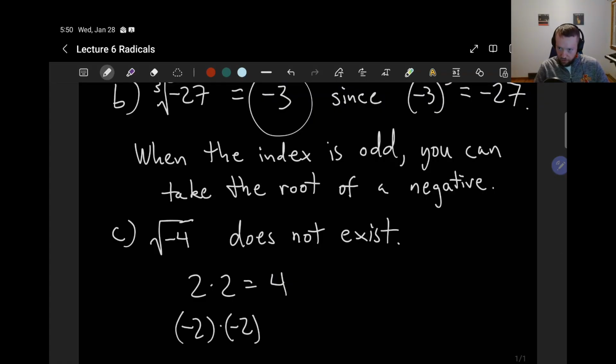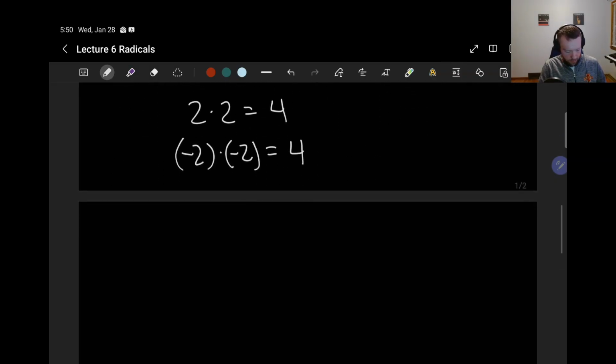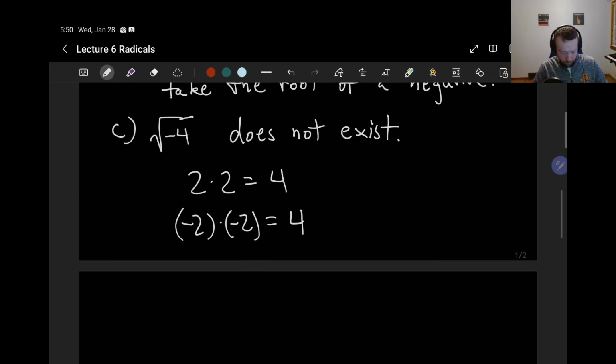And if I try -2 instead, squaring that, well, a double negative also gives you a +4. Therefore, whenever the index is even, you're not allowed to take a root of a negative. So you can never take the square root of a negative, if you're dealing with real numbers, that is. Same with fourth root, sixth root, eighth root. We don't deal with those too often.